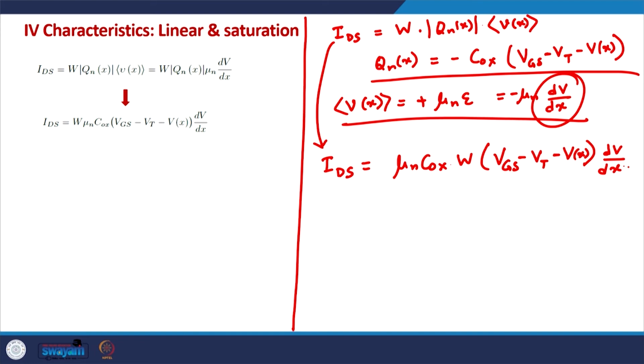Okay. So, this dx can be brought to the left side, Ids times dx is equal to mu n Cox W Vgs minus Vt minus Vx times dV.